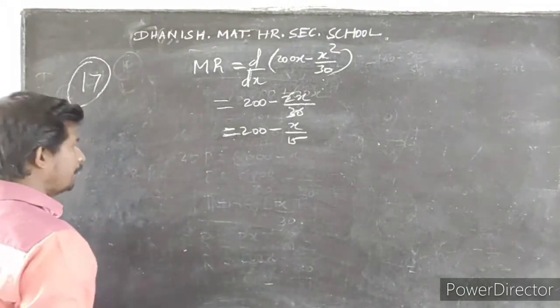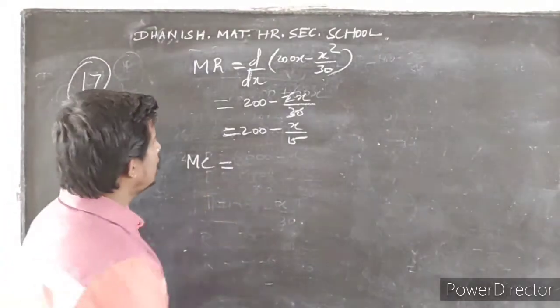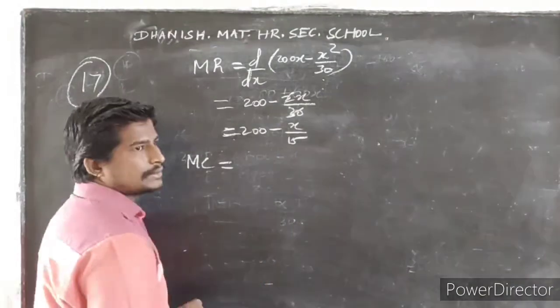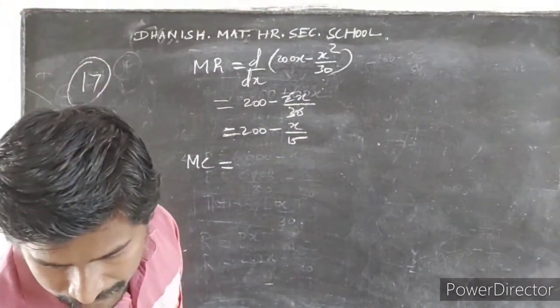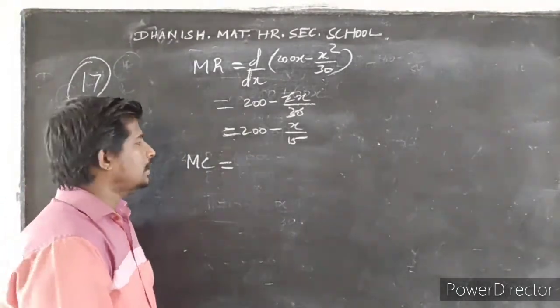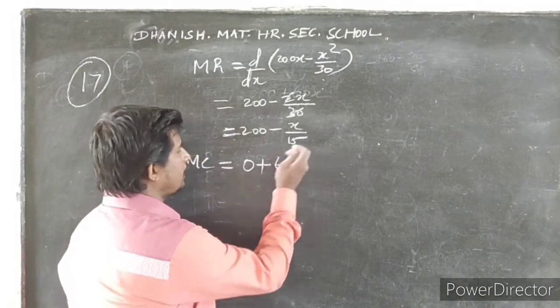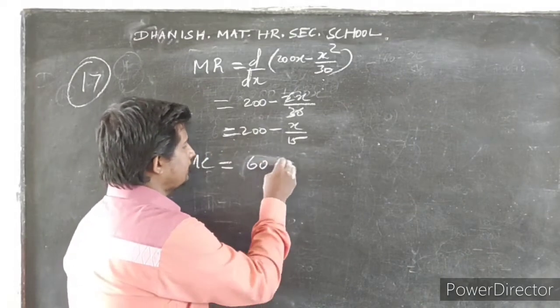Now I'm going to find the marginal cost. What's our cost? 72,000 plus 60x. So the differentiation of cost will be 0 plus 60. So our MC is 60.